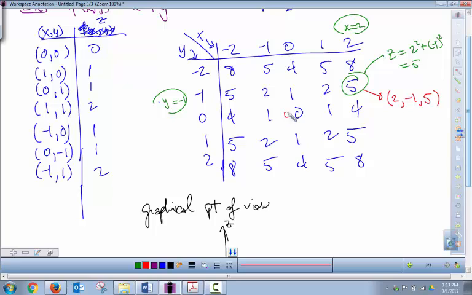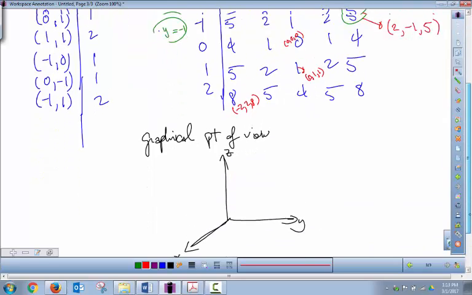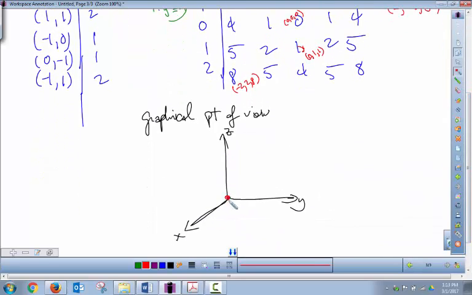Right? So if you imagine each of these things as being points, each of these things is a point in space that we can plot. So let's see if we can get some sort of picture. 0, 0, 0 seems like a nice point to start with.